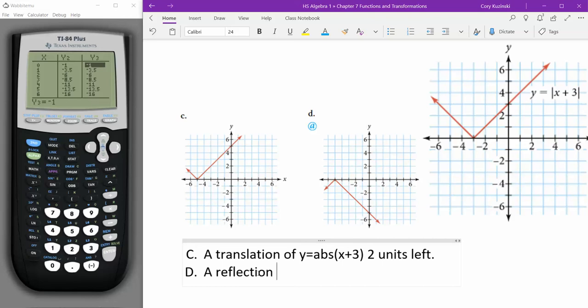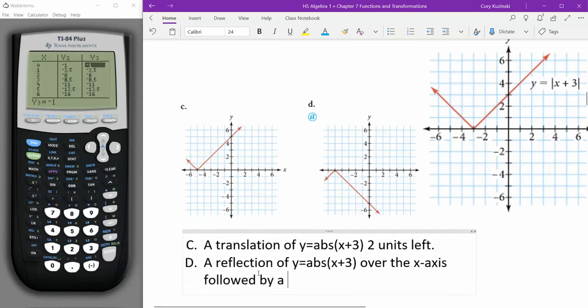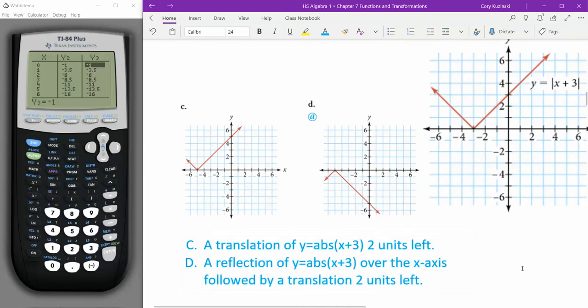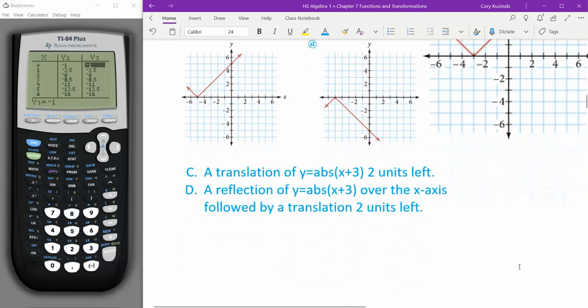So I'm going to do a reflection of y equals the absolute value of x plus 3 over the x-axis, followed by a translation, 2 units left. Technically, those could be reversed, but that is not always the case. So I would do the reflections before the translations. That'll keep you out of trouble. All right, that's all we had to do there.